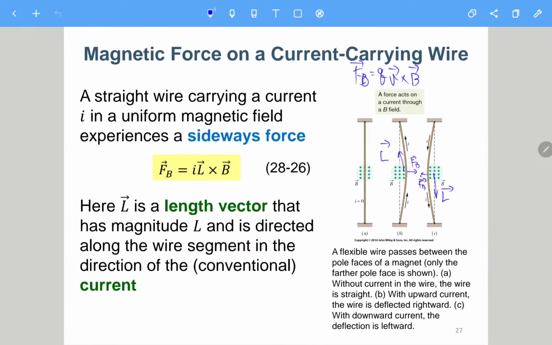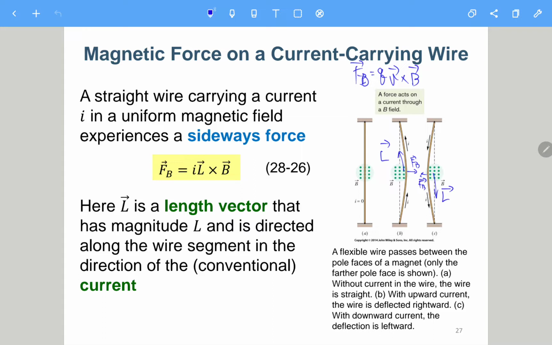Let me tell you the relationship between the Lorentz force and this one. I also consider this a type of Lorentz force.